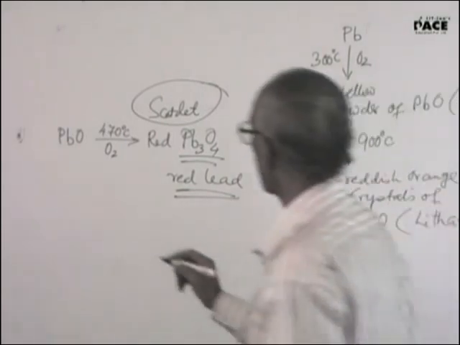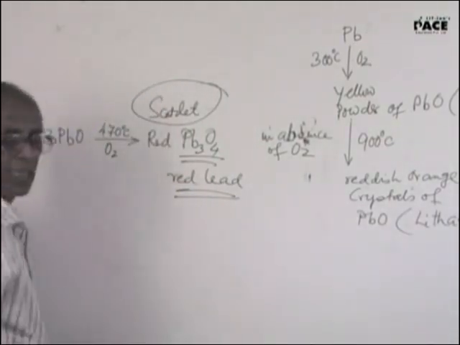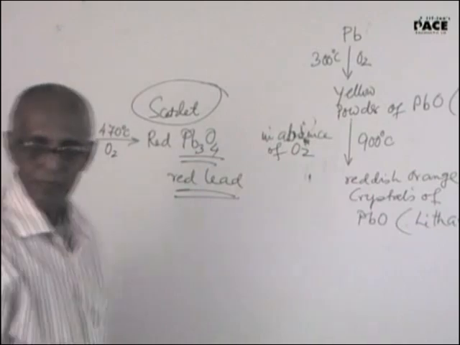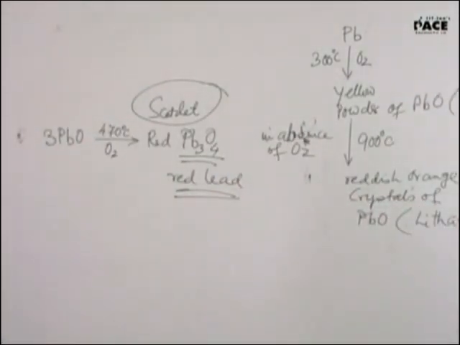So 3 moles of PbO, when you heat in presence of oxygen, the yellow converts into scarlet color, a deep red, and this is called red lead.